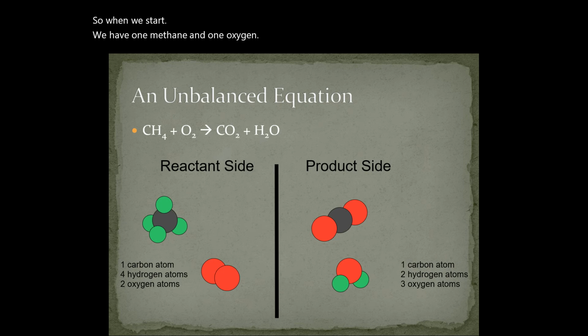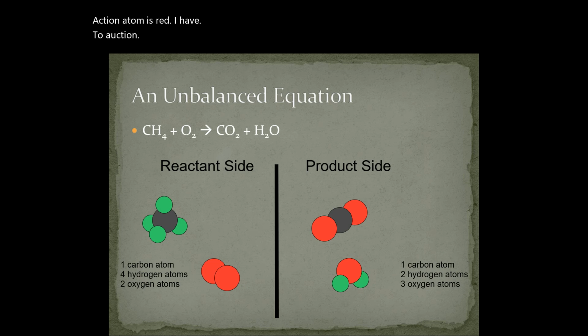If we count the different atoms, the carbon is black, so we have one carbon atom. The hydrogens, which are attached to the methane, are green, so I have four greens. And oxygen is diatomic. That oxygen atom is red, and I have two oxygen atoms.